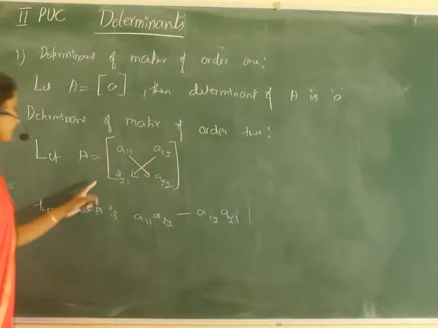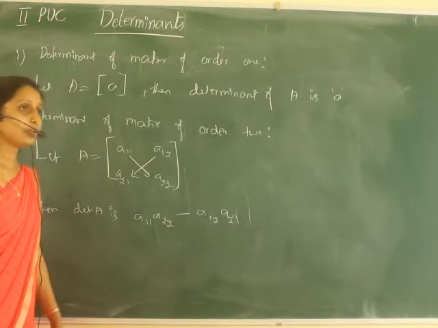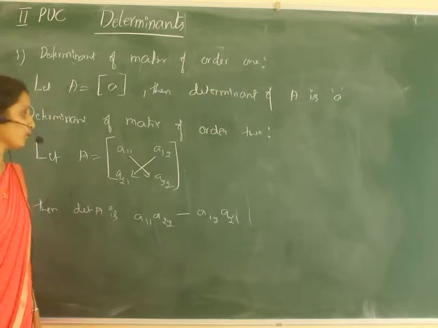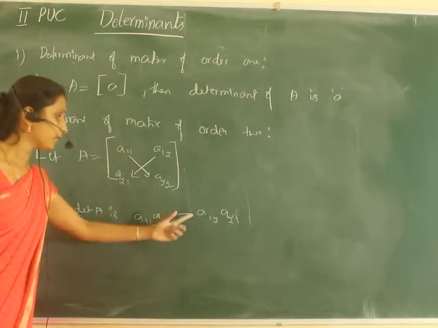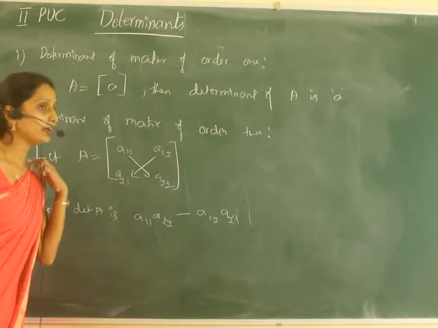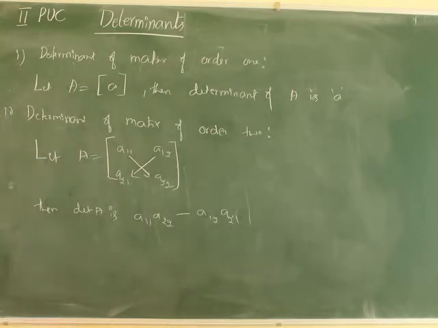This is the determinant of a 2 by 2 matrix, or a matrix of order 2. In this way we can calculate the determinant of a given matrix if it is of order 2.